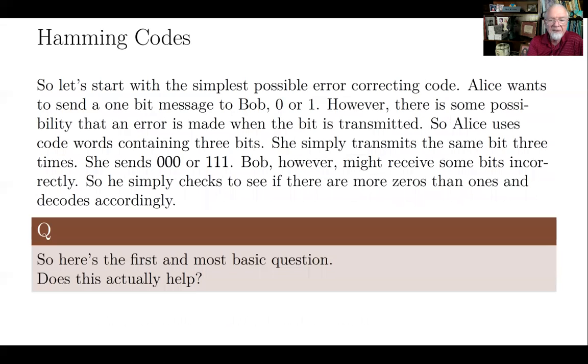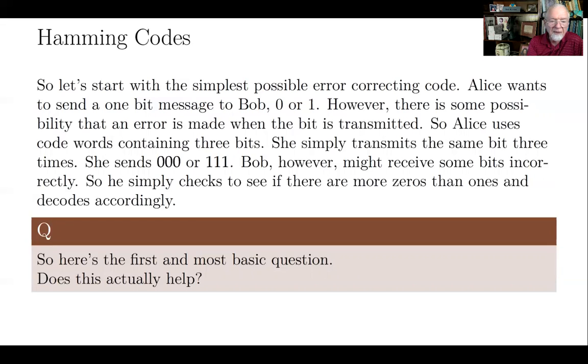Okay, so we start with the simplest possible error correcting code. We send a 1-bit message to Bob, 0 or 1. There's some possibility that an error is made when the bit is transmitted. So Alice, in order to provide some redundancy, gives the same bit 3 times. She either sent 0, 0, 0 or 1, 1, 1.